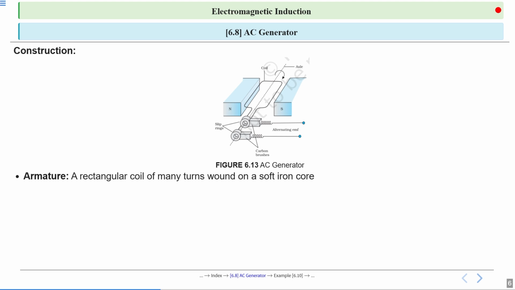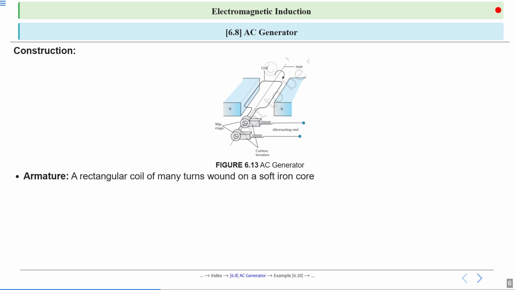It is inserted inside the coil, due to which most of the magnetic field lines from north to south will prefer to pass through the soft iron core, and hence the magnetic field strength around this rectangular coil will increase.